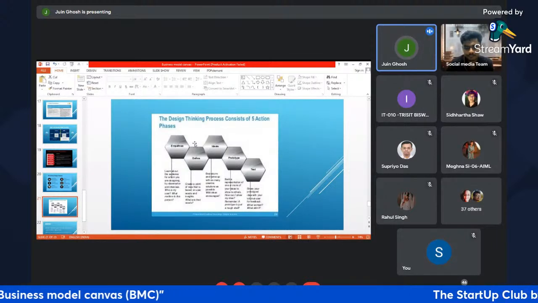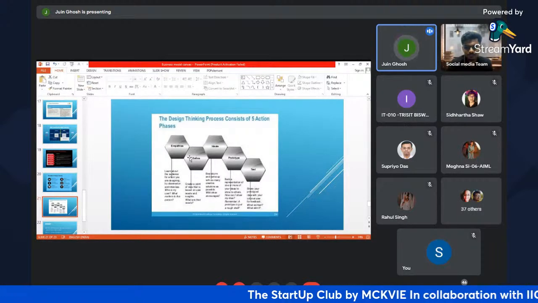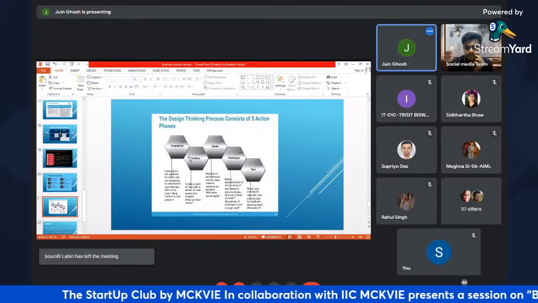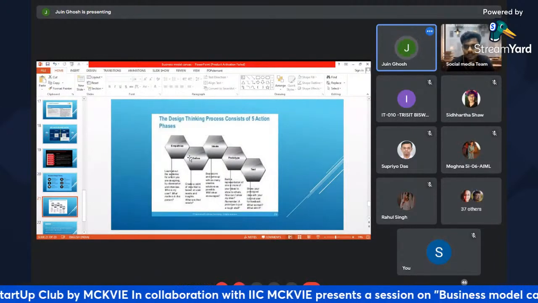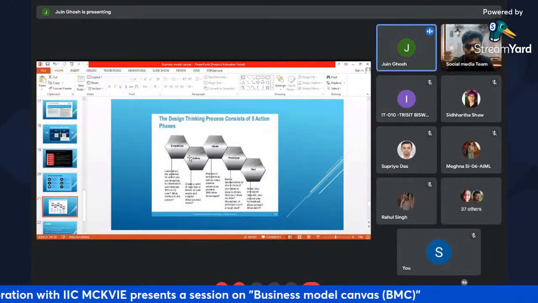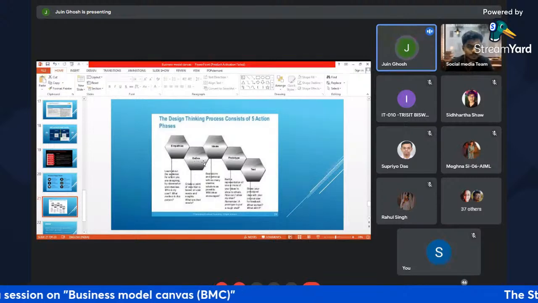First of all, it is empathize. Whenever you are launching a product or service for the customers, think yourself as a consumer of the product itself. You should be very clear about how you put yourself in the customer's shoes.